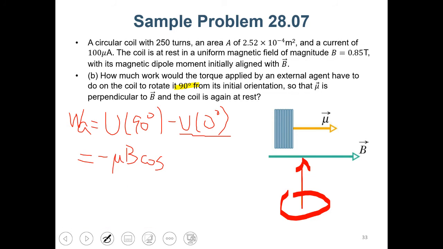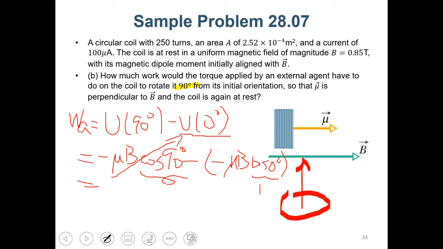This is 90 degree, and then minus mu B cosine 0 degree. So this one is 0, this one is 1, so this one disappears. So there are two minus signs here. So then finally we have mu B.